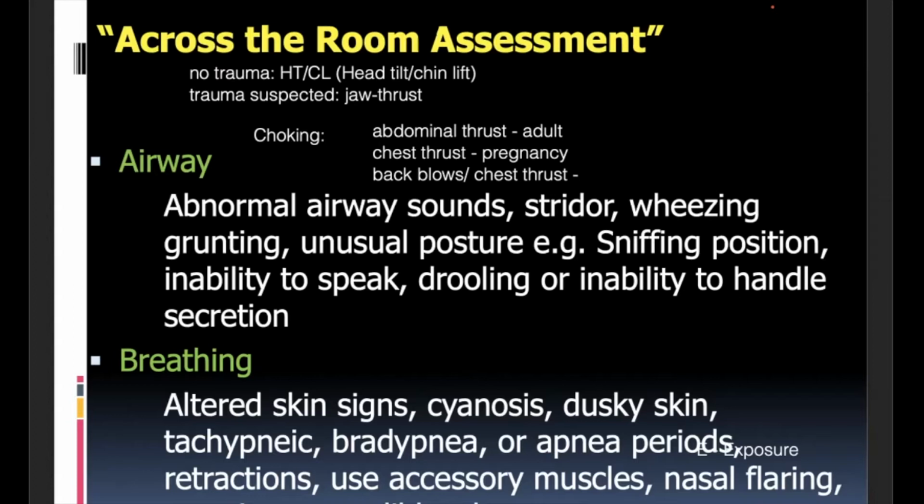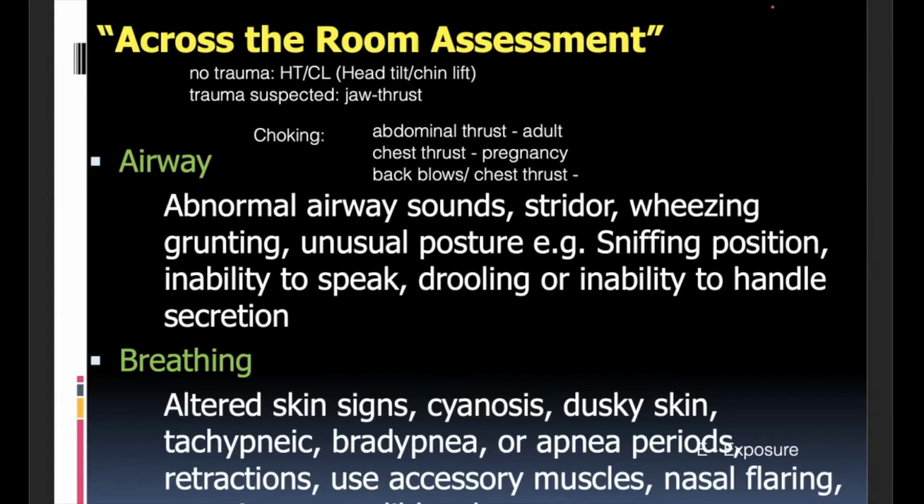Just like in the airway assessment, you need to look, listen, and feel to see the breathing pattern of our client. So we need to assess if the breathing pattern is very fast, very slow, or a bit shallow.